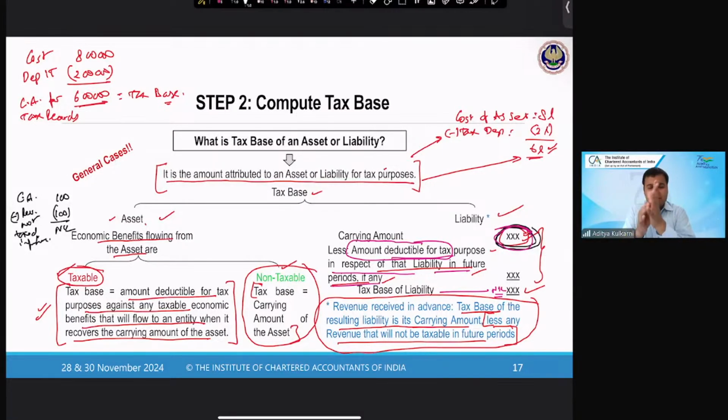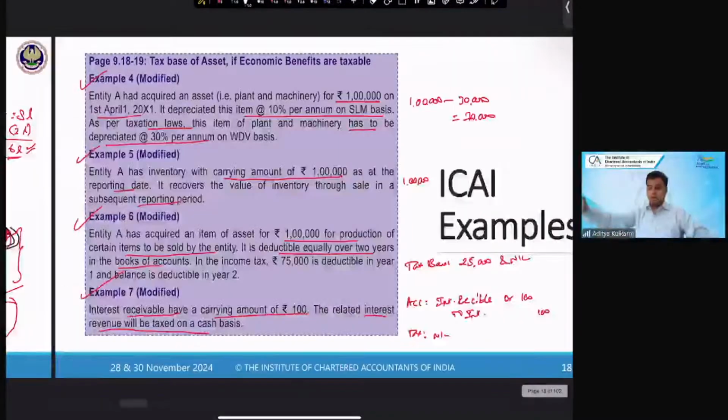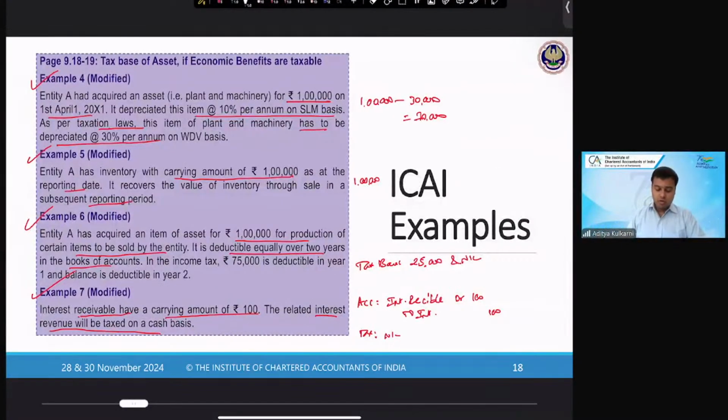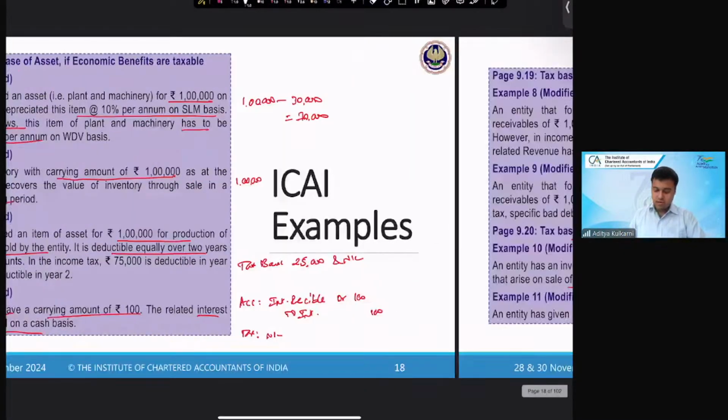I typically prefer to follow the first method. But if you are very comfortable with the second method, I have explained the second leg of this definition also. Shall we proceed further? Yes, sir. Okay, so what I want you to do is try all these questions for homework.